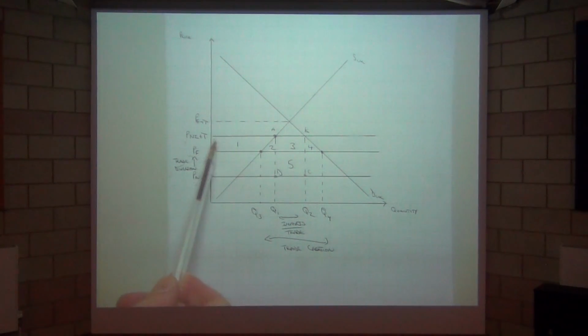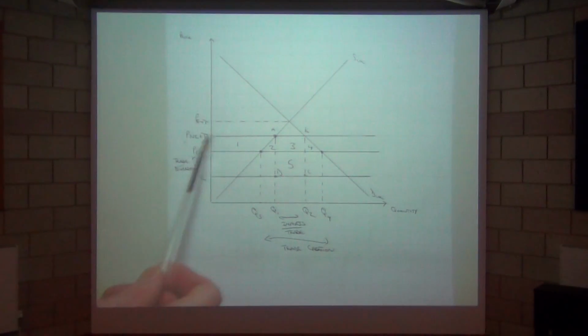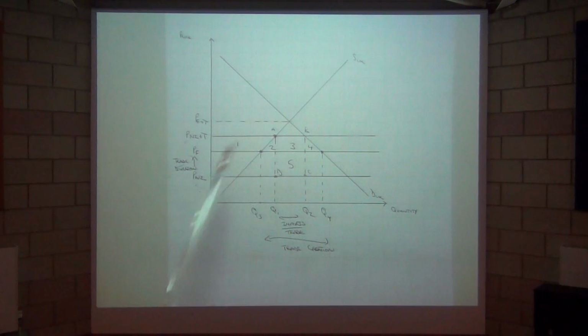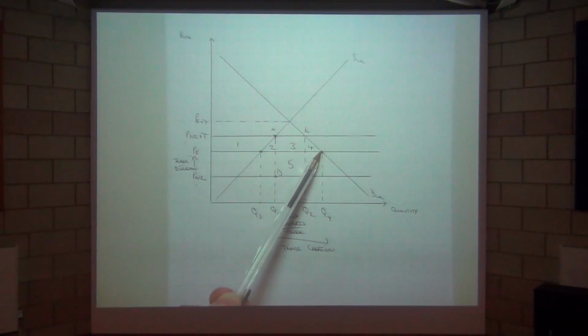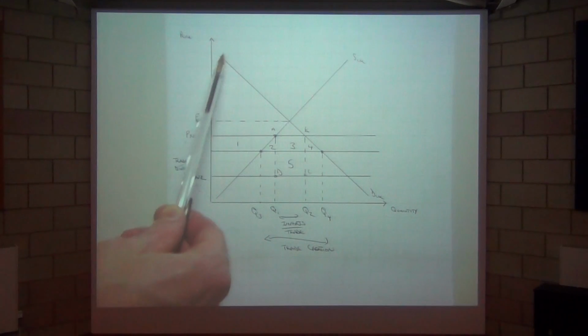So at PNZ plus T, the area above price and below demand curve would be that triangle. Now obviously when we reduce the price to PF, the triangle gets bigger and we now move to PF, if we took that demand curve up to the axes.